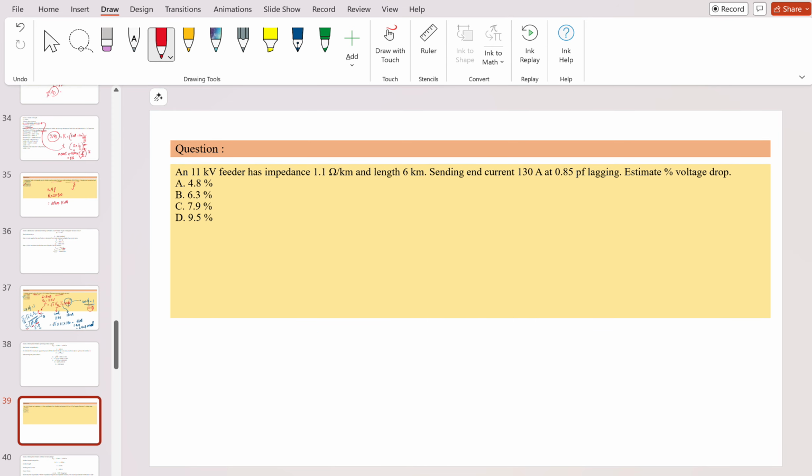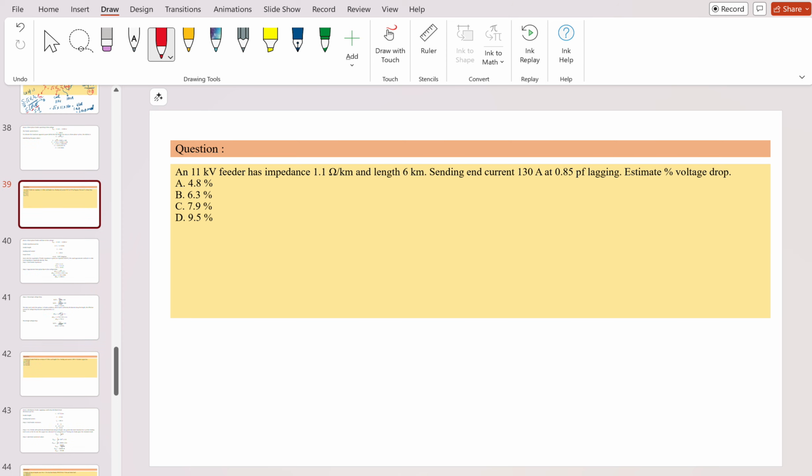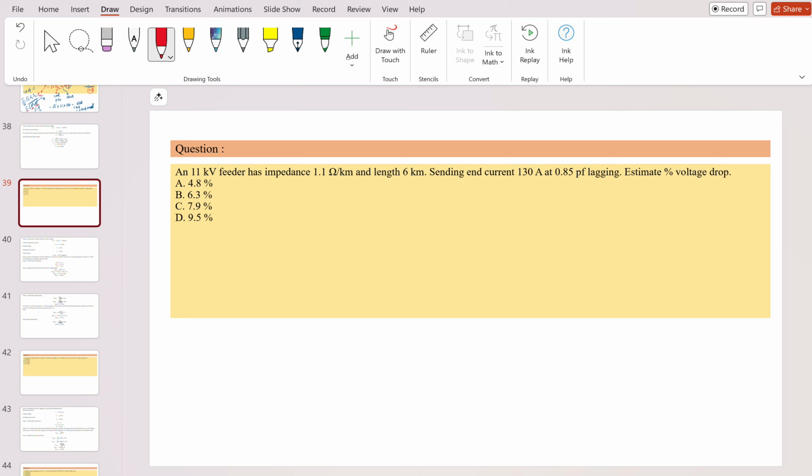Okay, let's move forward. This is also a similar kind of problem, but here the power factor is given. So try to solve this. The formula I have already given.